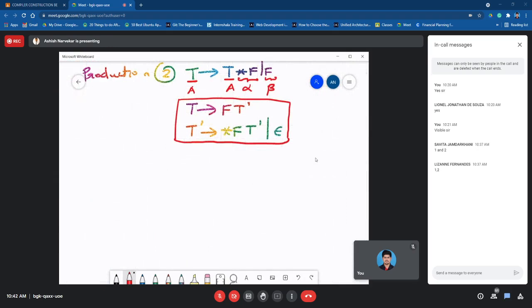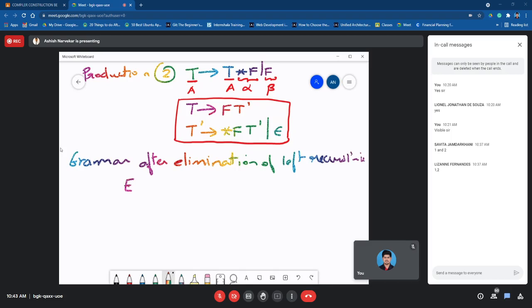So now what we need to do, when we write the final solution in the exam, is write the grammar after elimination of left recursion, that is, write the whole grammar again. Whichever productions you have found by eliminating left recursion, those productions you need to write.